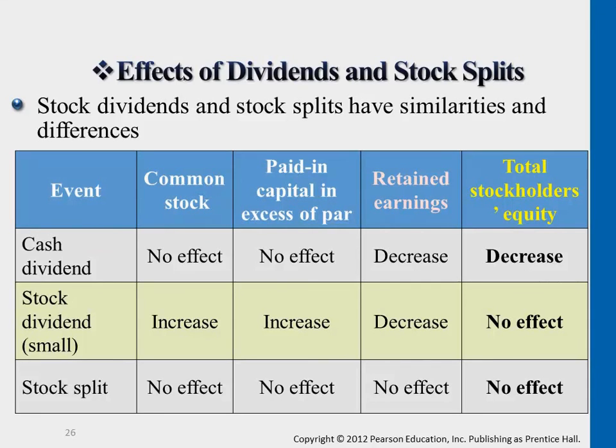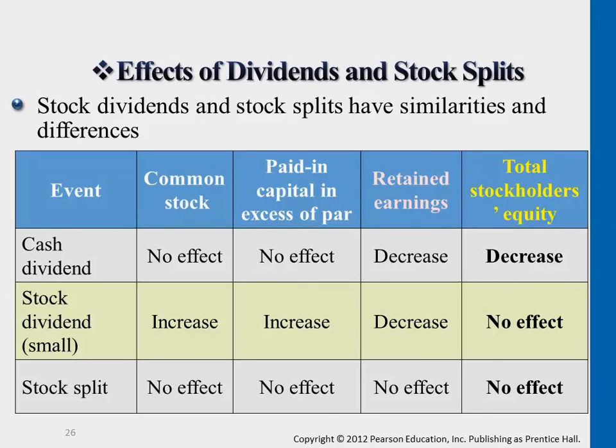Now stock dividends rearrange a portion of equity, so we're using our own retained earnings to issue additional stock to give to shareholders. So that journal entry was debit retained earnings and credit common stock. Okay, and then for small stock dividends, if we credit common stock at par value, let's say $1, and the market price is $5, the difference is $4, we also would increase paid-in capital in excess of par.